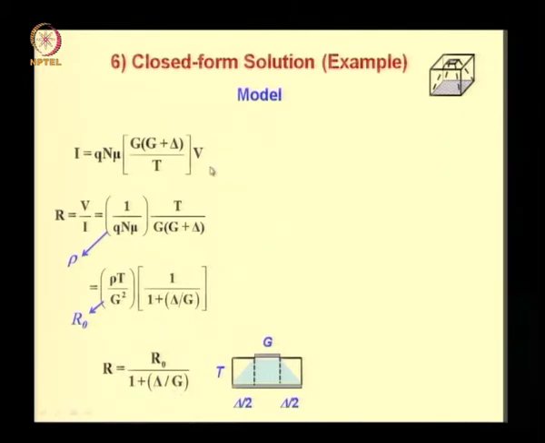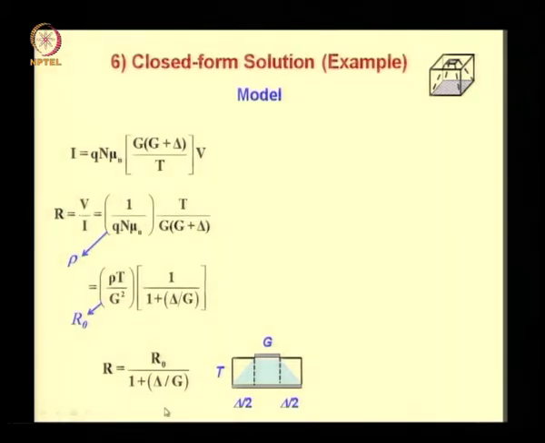Mathematically, this form is same as this form, but physically this is more appealing. The form of this resistance expression shows that it is not the absolute value of delta, but the value of delta relative to g that matters and plays a role in reducing the resistance.